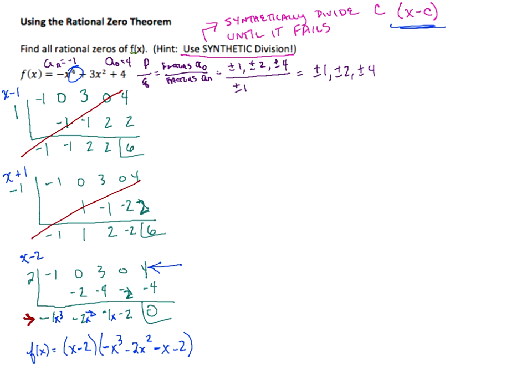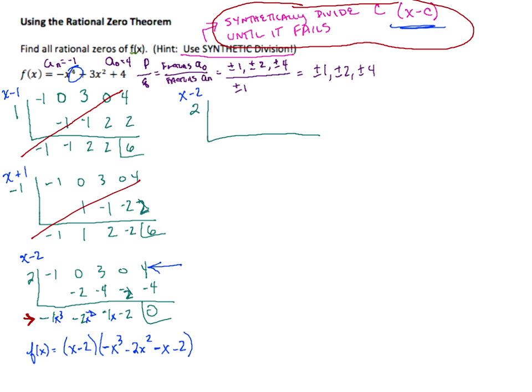And don't forget, you want to try it until it fails, because it may be in there more than one time. So my next process, I'm going to continue with my C of 2. That means we're checking for another factor of x minus 2.